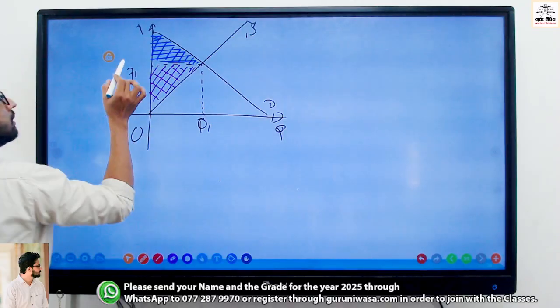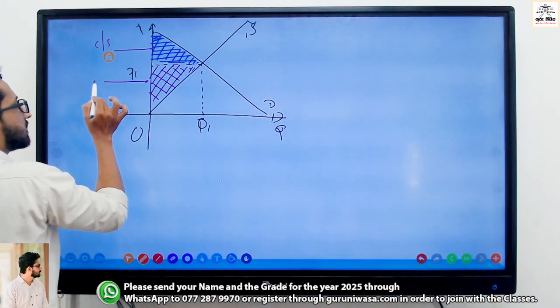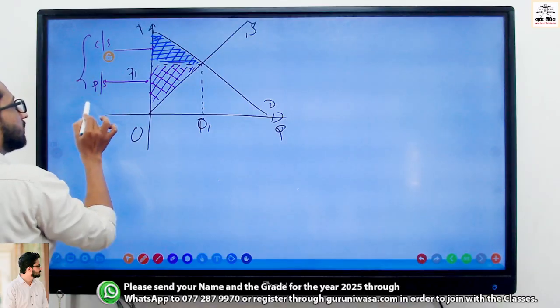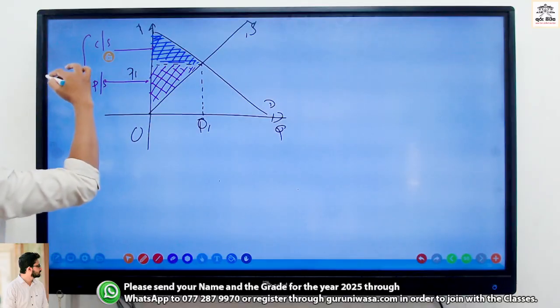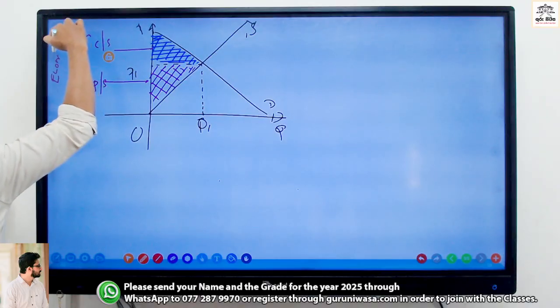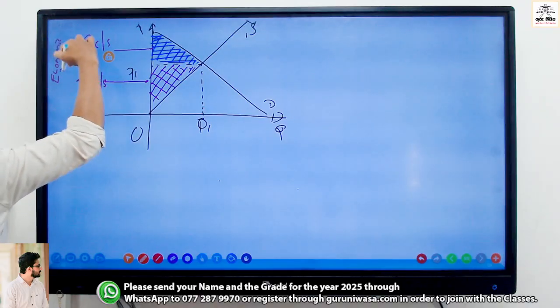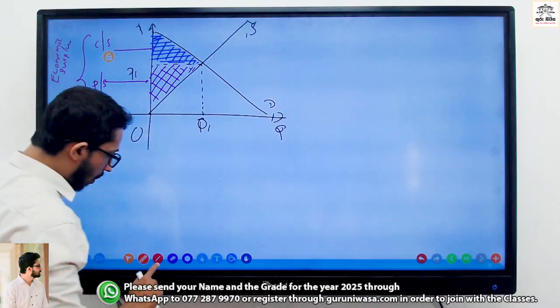Okay, children. This is consumer surplus. This is producer surplus. Both of these surpluses are called economic surplus, or we use the word total surplus.